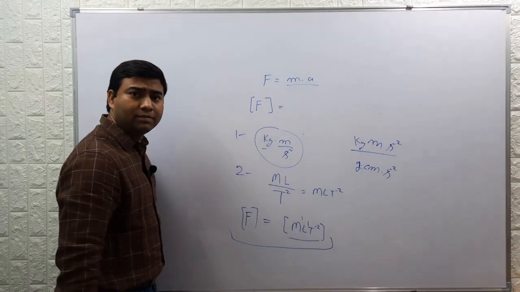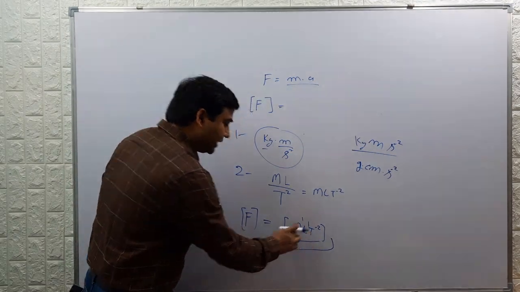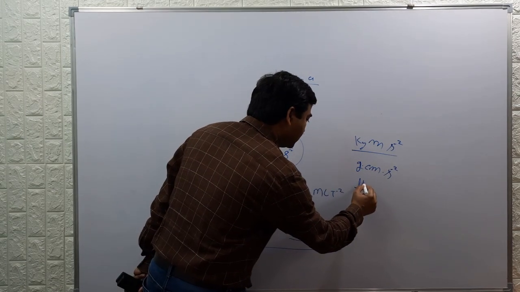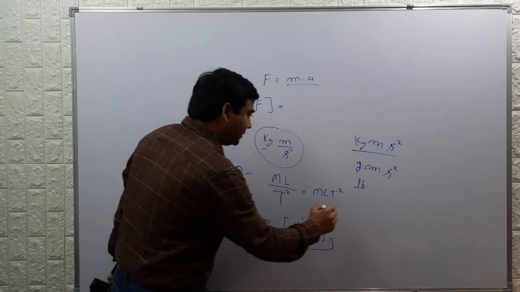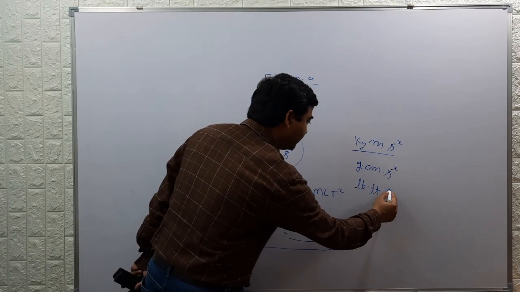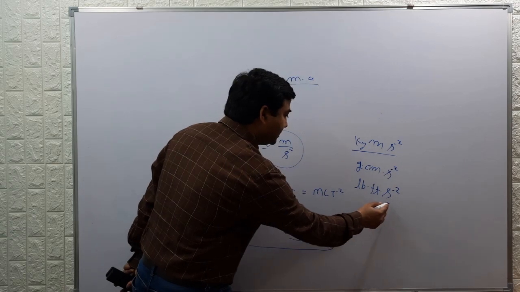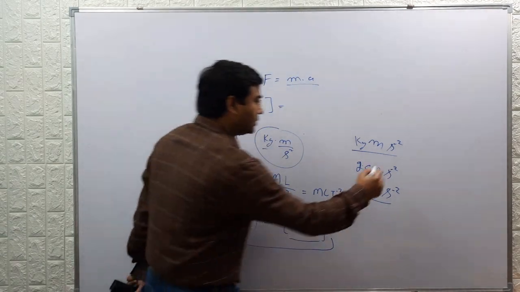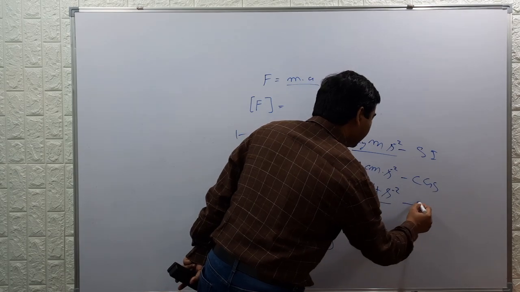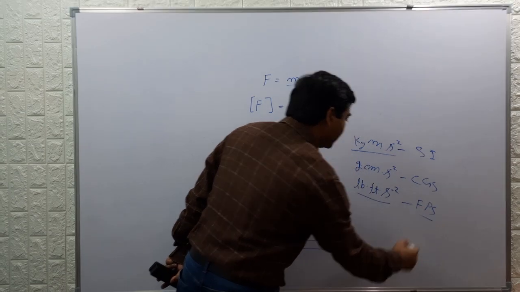This is in the CGS system. If you want the unit in the FPS system, replace M by pound, L by foot and T by second. That is the FPS system. So this is the SI system, this is the CGS system, this is the FPS system.